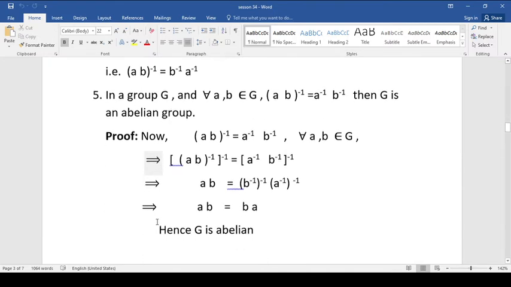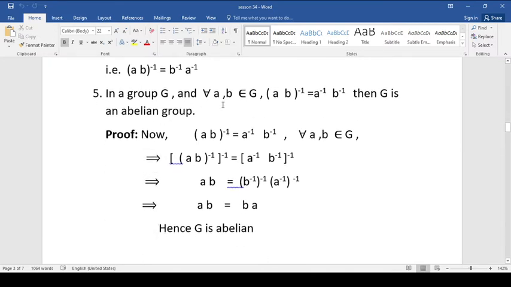Next, the fifth property. In a group G, for all a, b belongs to G, inverse of ab is equal to a inverse b inverse. That means if the group G satisfies this property, then we are going to prove that G is an abelian group.